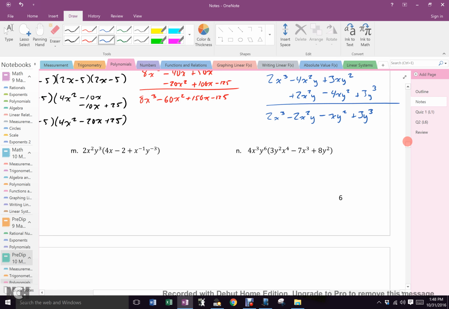And then, when you get to the end of page 7, you see M and N. You all, from the 9th grade, know how to handle M and N because you already know those exponent laws.